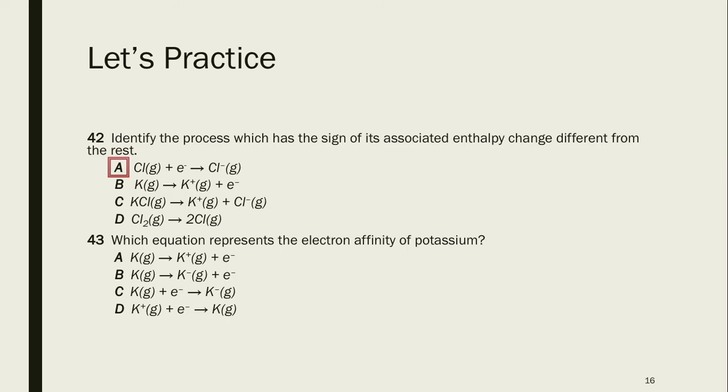Well, C and D both show an electron being added. Only difference is in C, we're starting with neutral potassium, and in D, we're starting with a potassium ion. Well, electron affinity is when you add an electron to an atom. So that would mean C is your answer.